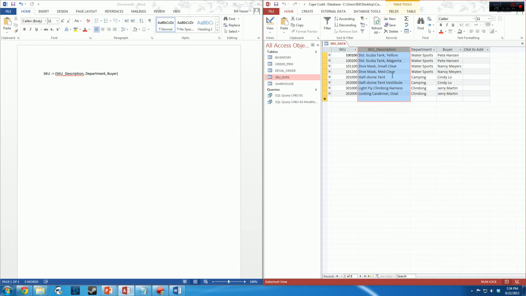So unfortunately, it too is going to determine everything else, because there's only the one yellow standard scuba tank, and the SKU and the department and buyer are always the same because there's only the one record. So in that sense, we can also say SKU description also determines SKU and department and buyer.